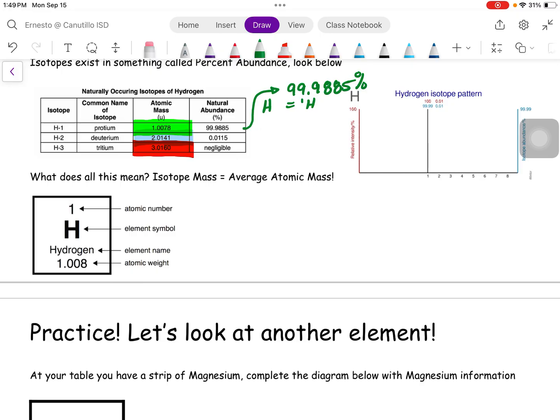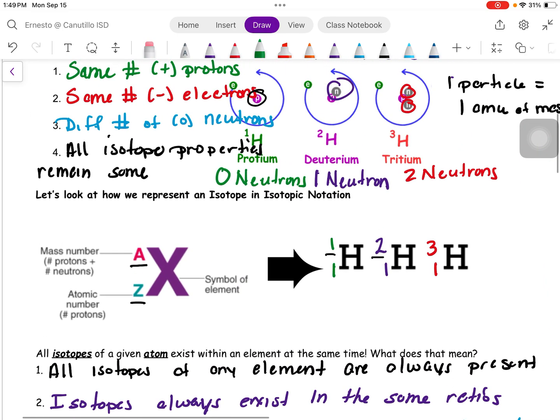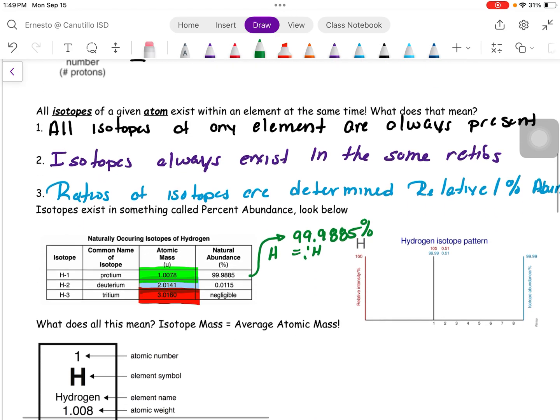So if I looked at this jar and at each individual atom, the vast majority, 99.9885% of those atoms, would be in the format of 1 proton and no neutrons, or the hydrogen 1 isotope.